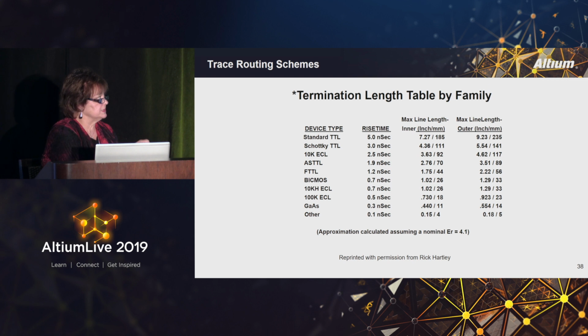So if you're dealing with something sub 1 nanosecond, you're down in this range here. Forget whether it's one of those or not. You don't care if it's gallium arsenide; what you care about is the speed of that signal and how fast it's transitioning, and you want to know how much room you have before you need to terminate that part, or the placement that we talked about earlier based on the termination table.